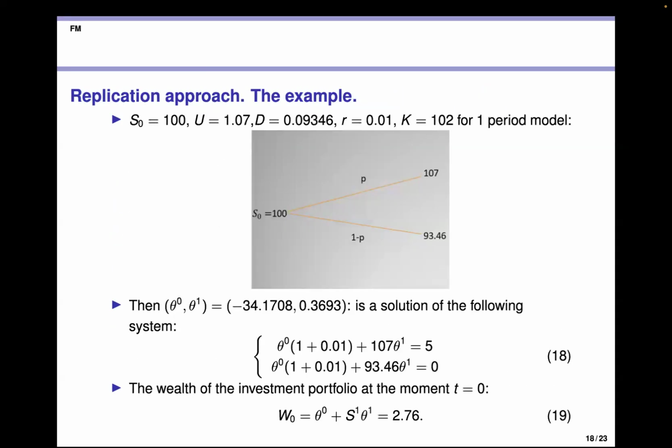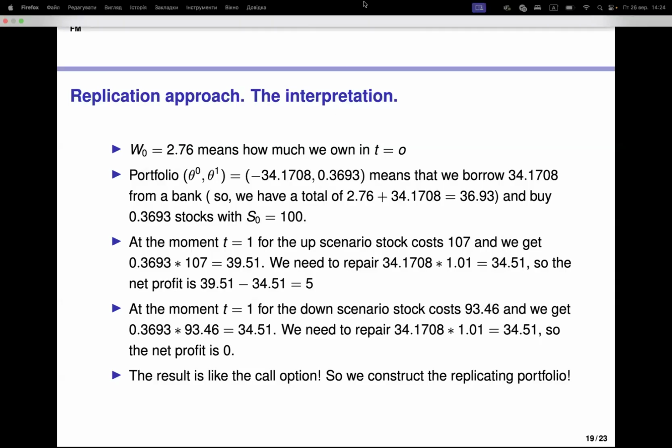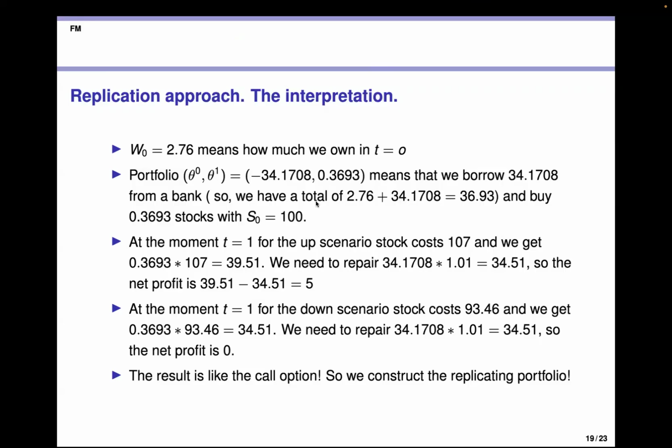Because r is 0.01, so we multiply by the rate. Or it is because t equals 1, so some period of time has gone. So yes, it is 1 plus r.